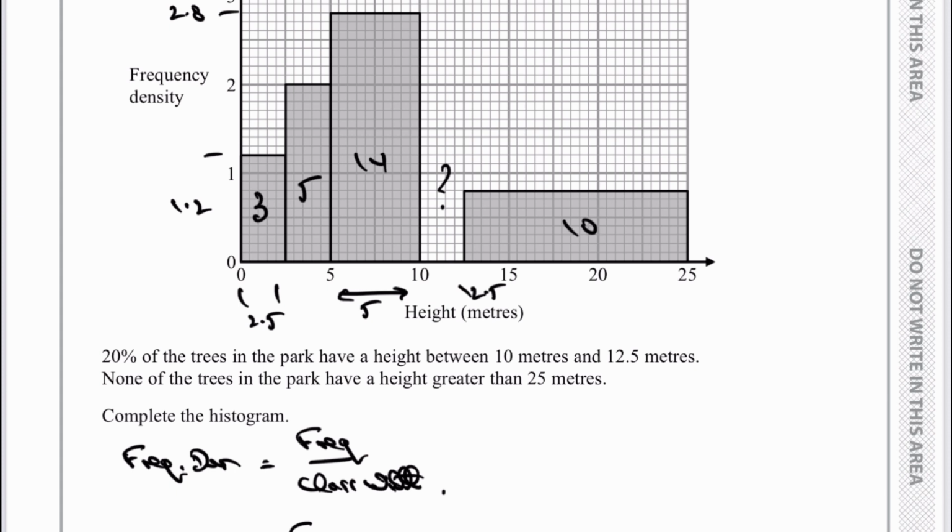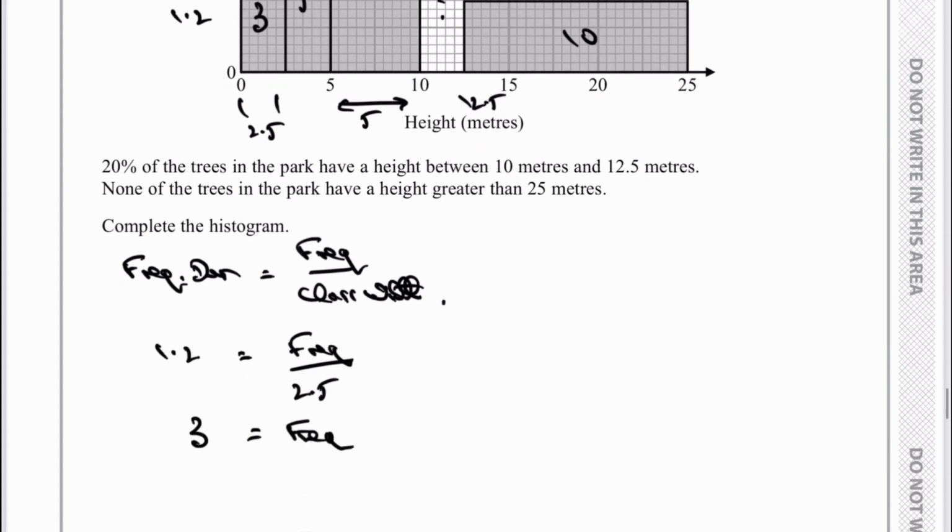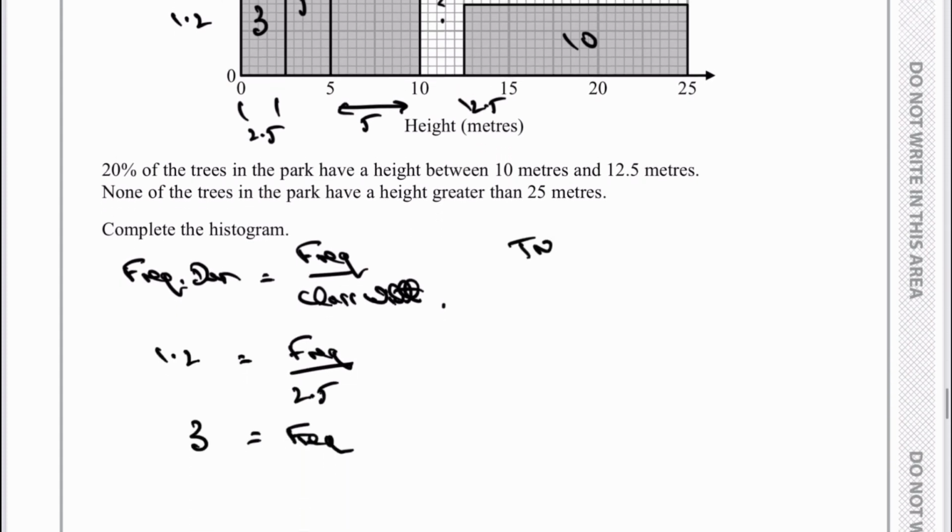So I know now that the 4 towers that are represented there are representative of 80% of the trees. So the trees shown equals 80%, because 20% is not shown. So 80% of the trees equals 32.